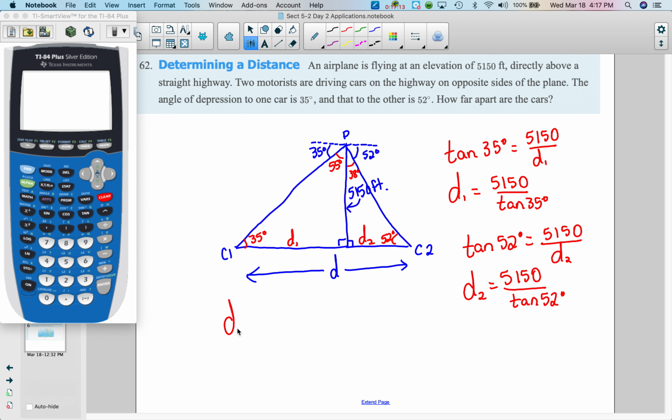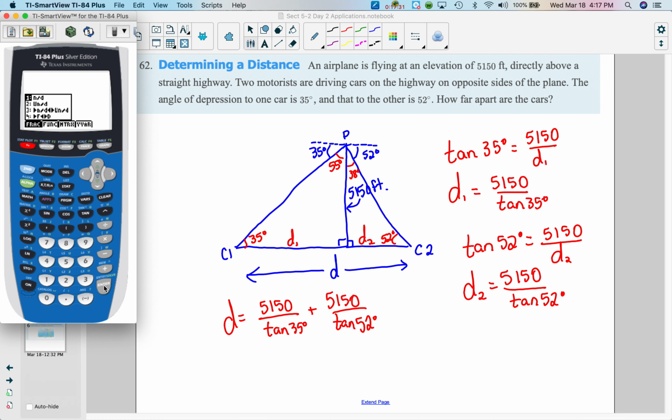We know that D equals the sum of those both parts, so 5,150 over tangent 35 degrees plus 5,150 over tangent 52 degrees. Now I'm going to grab my calculator and do both of those things.